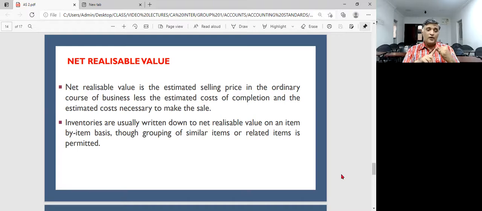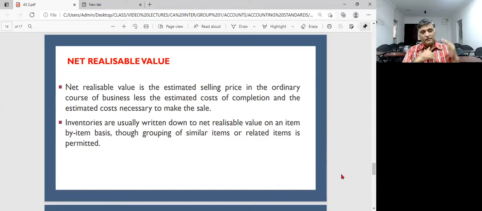Now, very important: inventories are usually written down to NRV on an item by item basis, though grouping of similar items or related items is permitted. This is a very common question in the exam, right? I think 2 or 3 times they've asked this question. For example, you've got 3 items, A, B, C. All these 3 are unrelated.